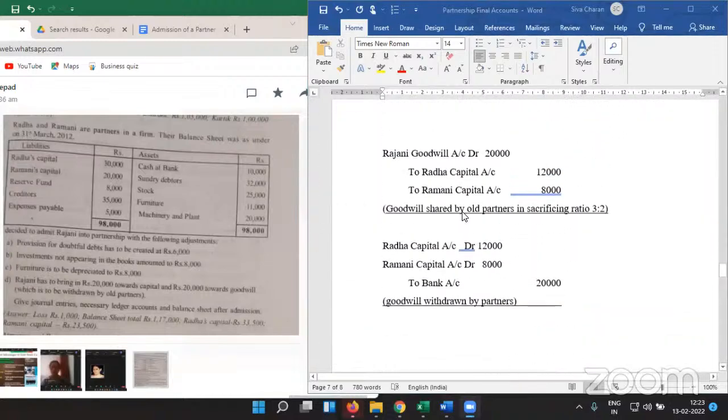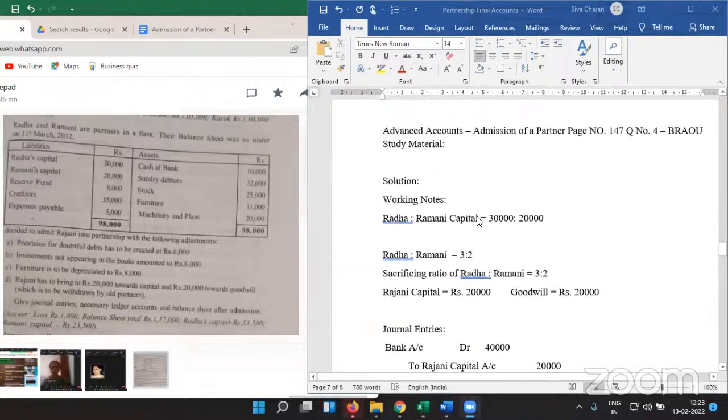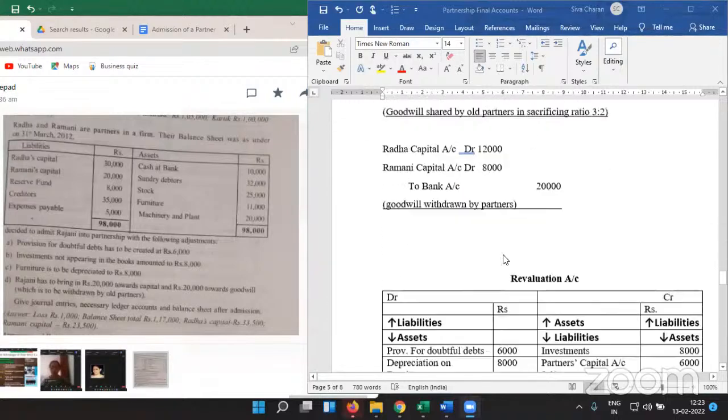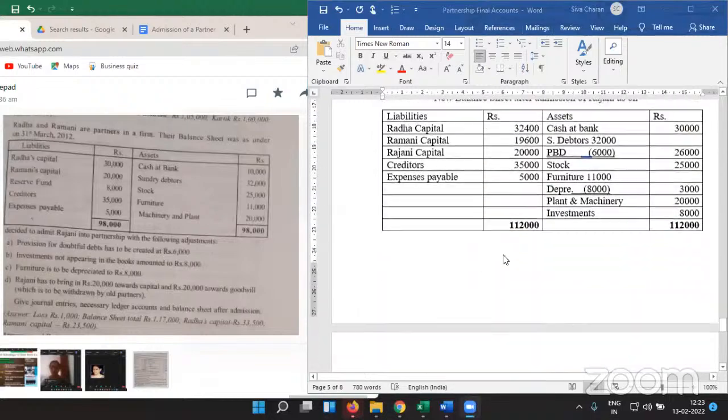Now when we took the ratio as per the capital contribution, you are getting the balance sheet to tally. See, children.